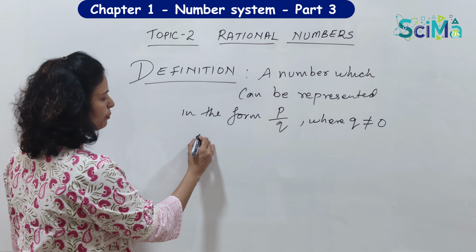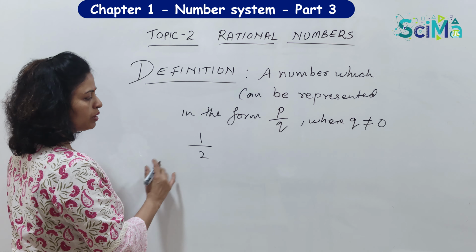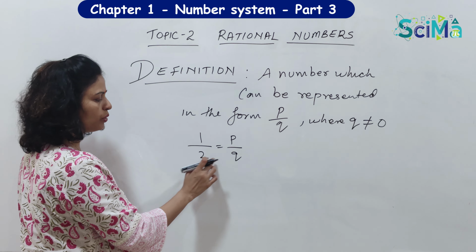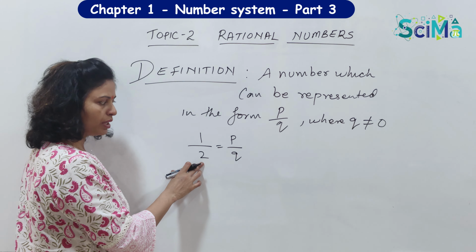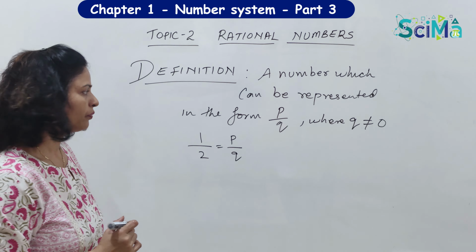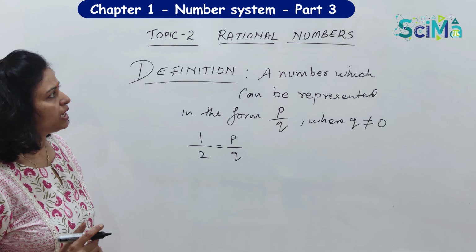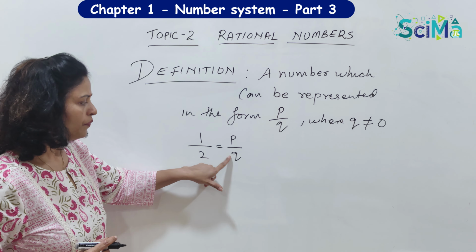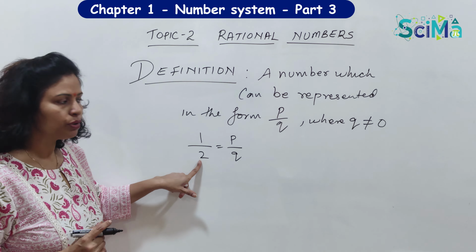Say if I write an example 1 by 2, it is in the form of p by q where you have p as the numerator and 2 as the denominator, right? And here the denominator, that is q, is not equal to 0. So this is how we define a rational number, a number which can be represented in the form of p by q where q is not equal to 0.